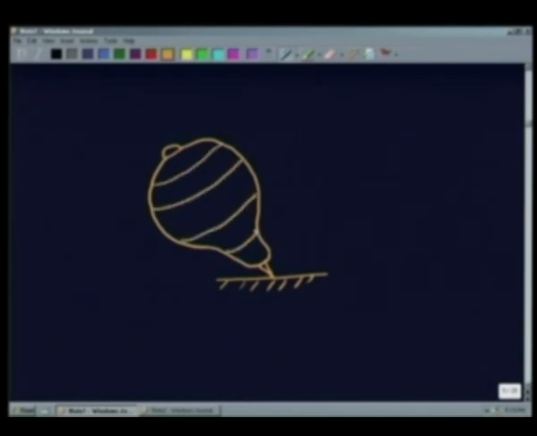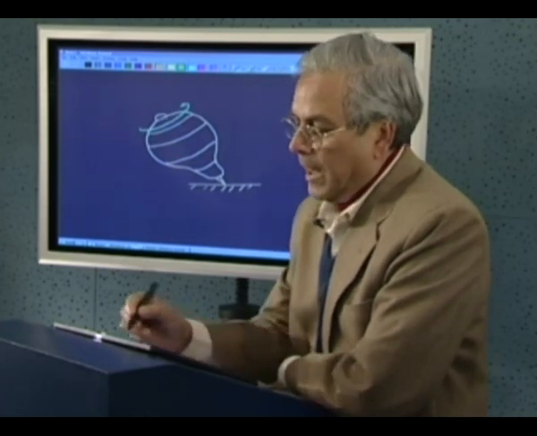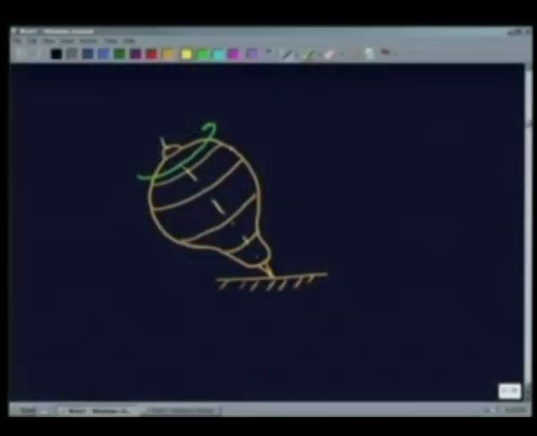We know that this top undergoes a spinning motion at a very fast rate, and the axis of this undergoes a precessional motion about a vertical axis like this.